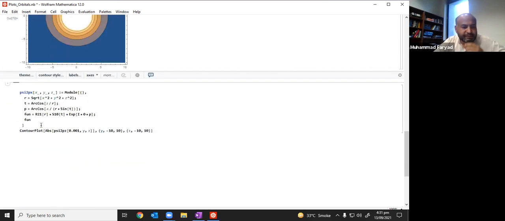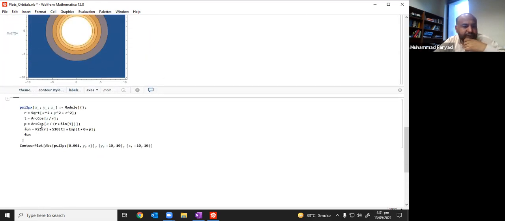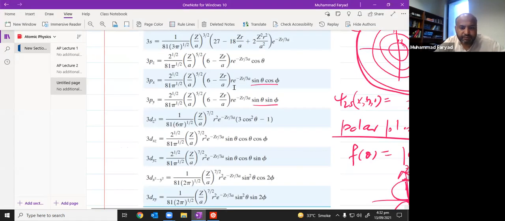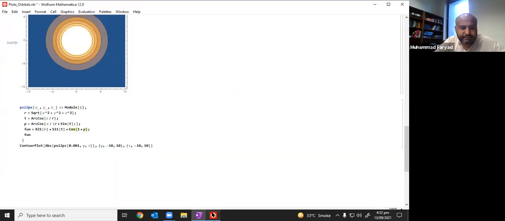Anyway, let's come to Px, and Px has R21, but S11, and this is cos phi. Just check. So Px is sine theta cos phi.